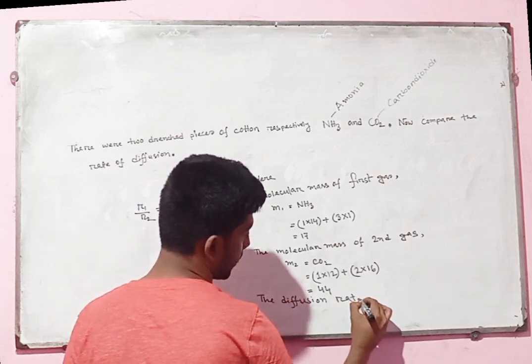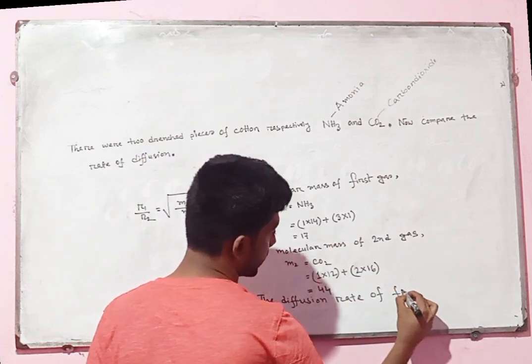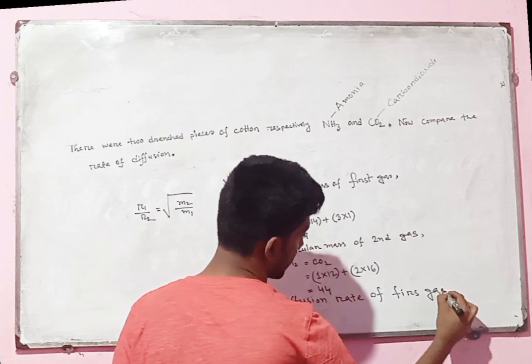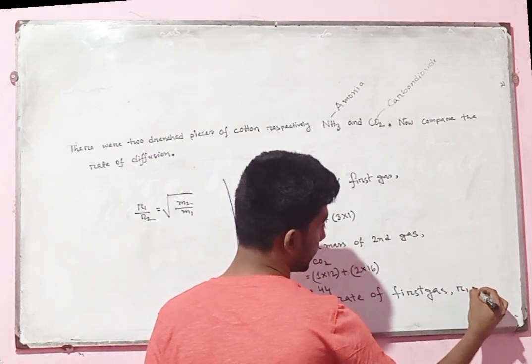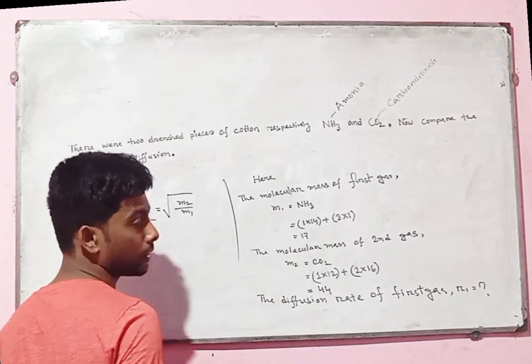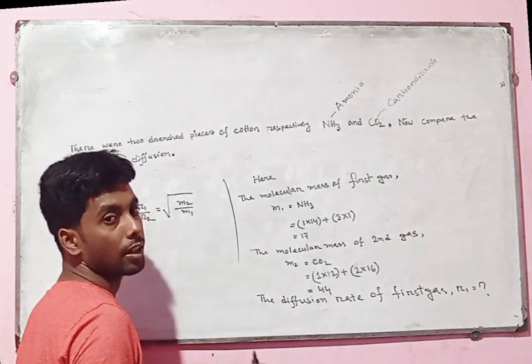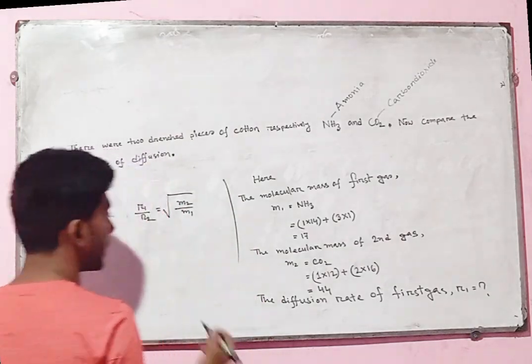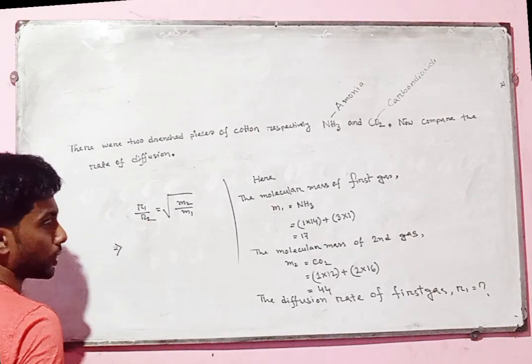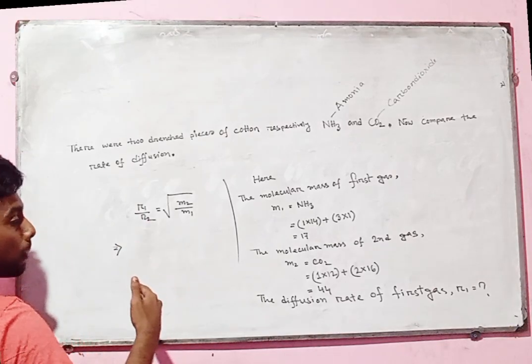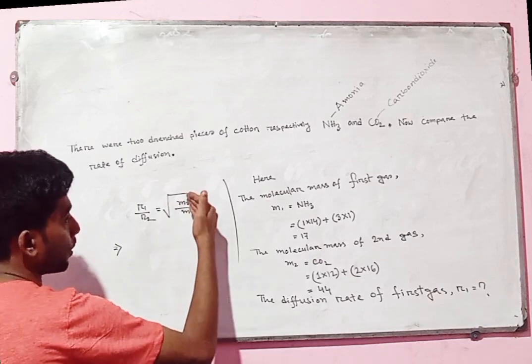The diffusion rate of the first gas, R1, equals what? This is the question that they wanted from us. Let me write: R1 divided by R2 equals root over M2 by M1.